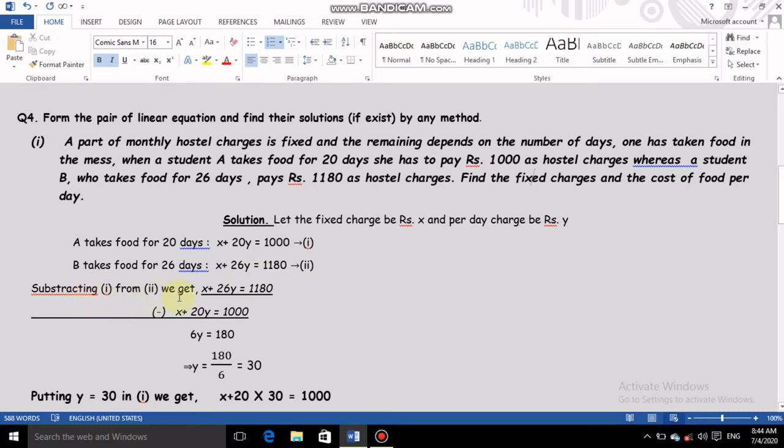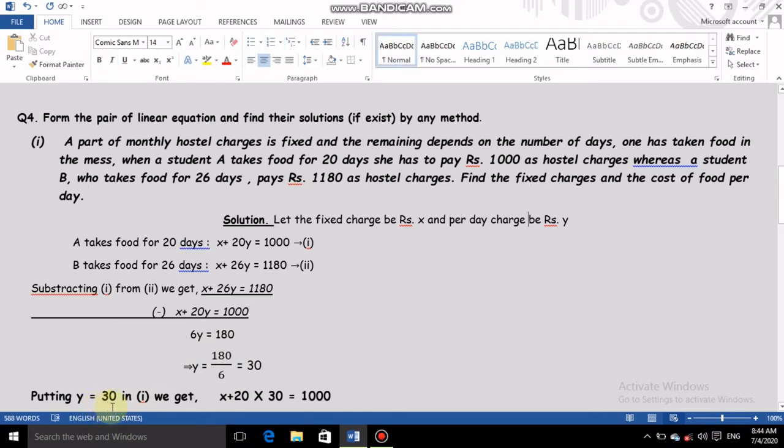Subtracting 1 from 2 we get, x minus x cancel. 26 minus 20 is 6 and 1180 minus 1000 is 180. So y is equal to 180 by 6 is equal to 30.